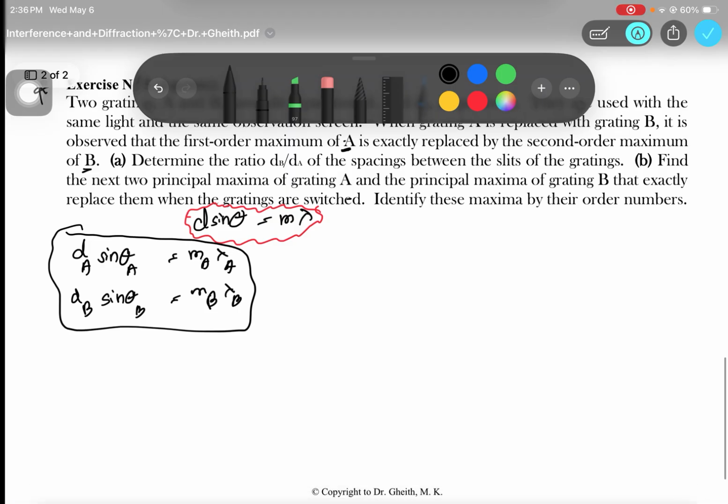We just separate from here into A and B.